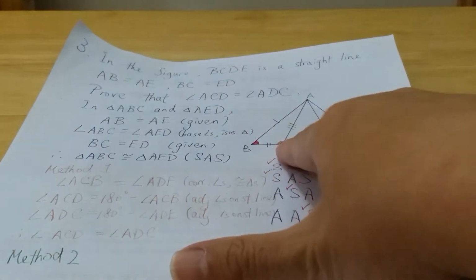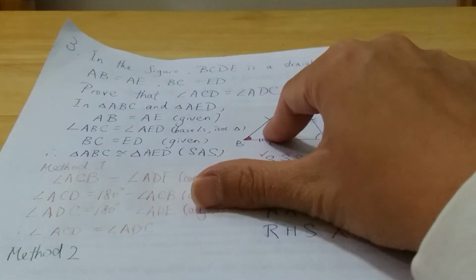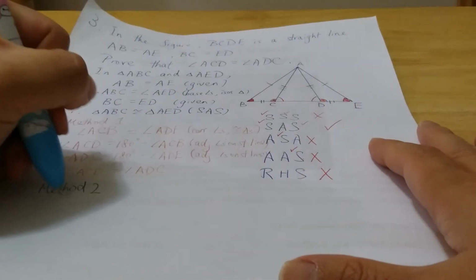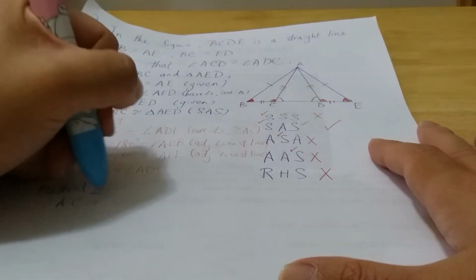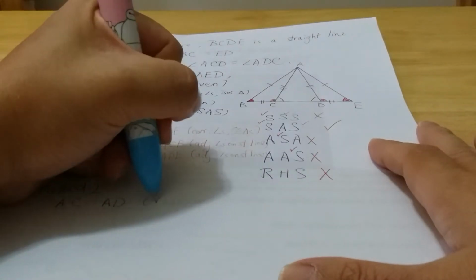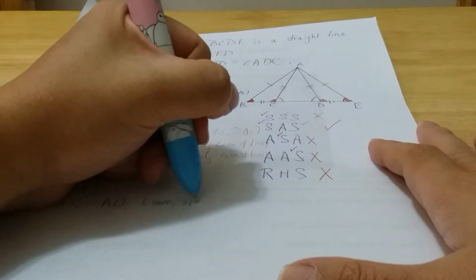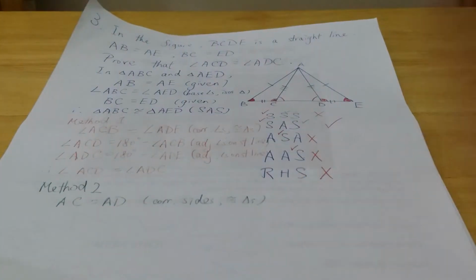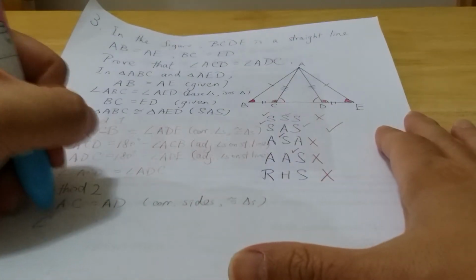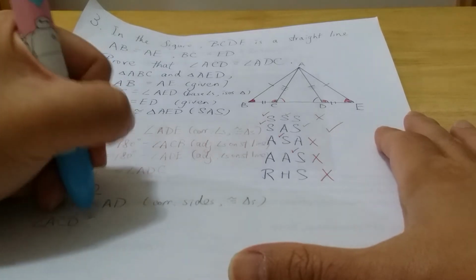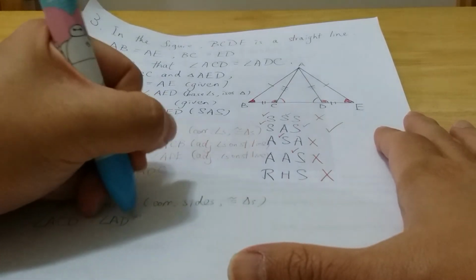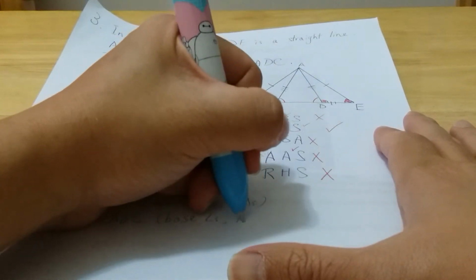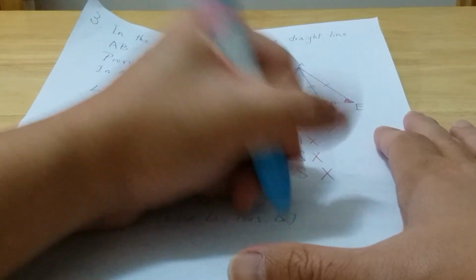Now method 2. If we are not going to use these two angles, we are going to use AC and AD. So what can we do? We can say AC equals AD immediately, corresponding sides of congruent triangles. That means angle ACD equals angle ADC immediately because of base angles of isosceles triangle.